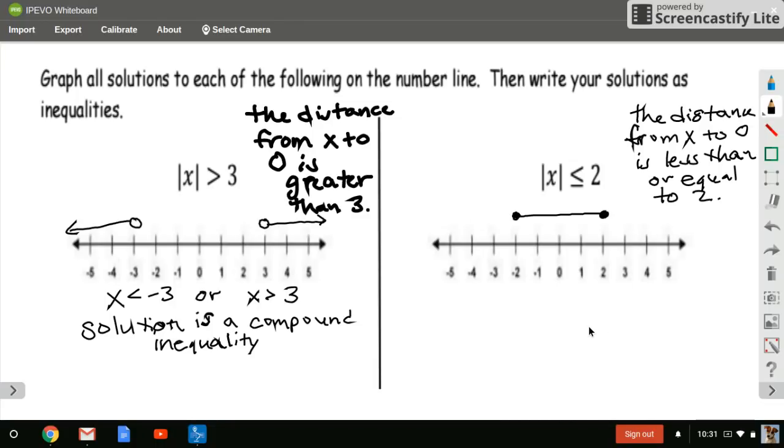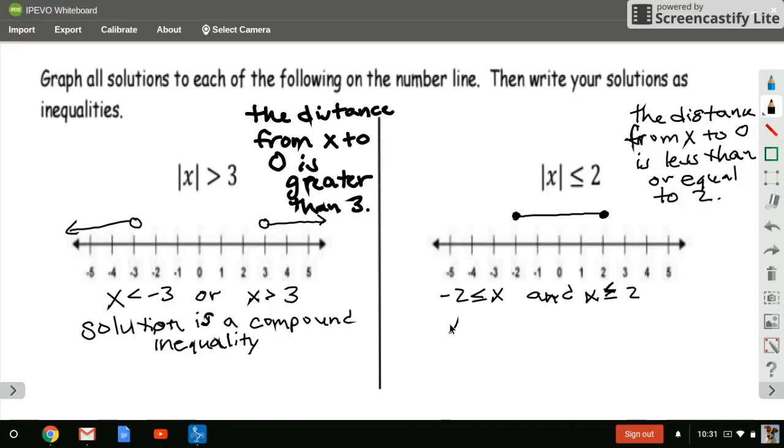Okay. This one, again, is a compound inequality. However, this time it is and. So we have -2 is less than or equal to x, and x is less than or equal to 2.